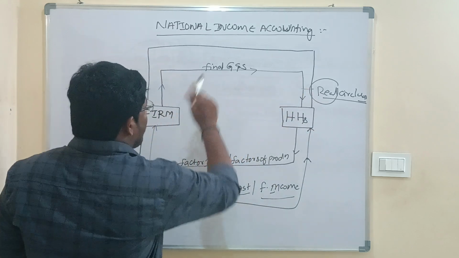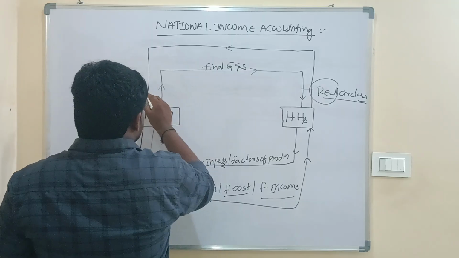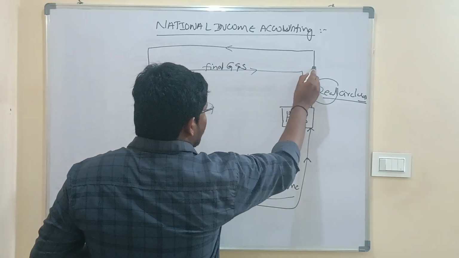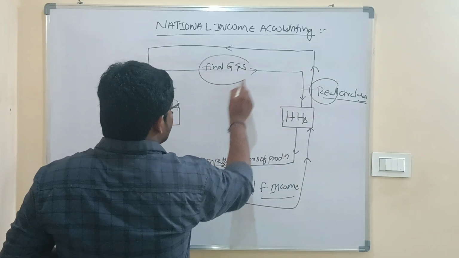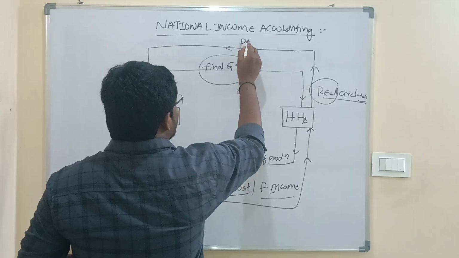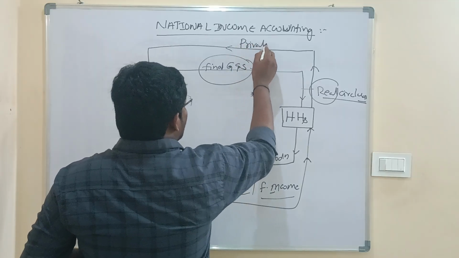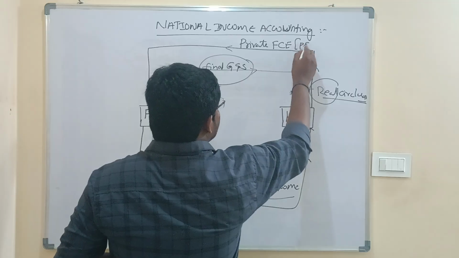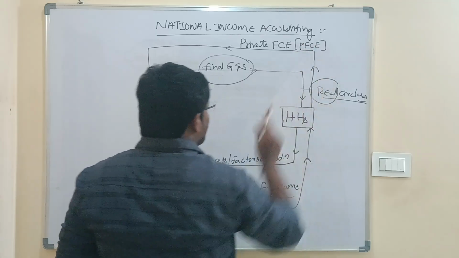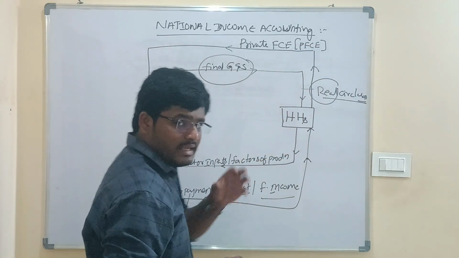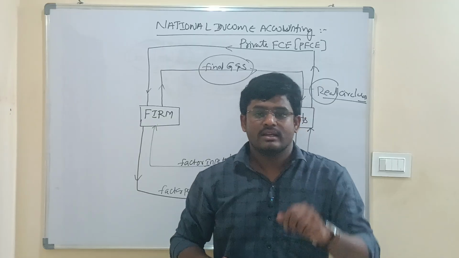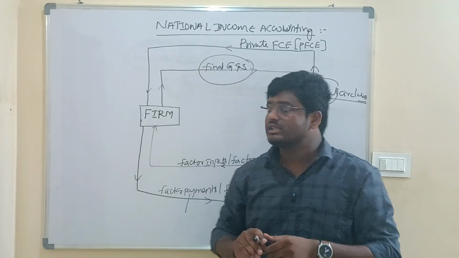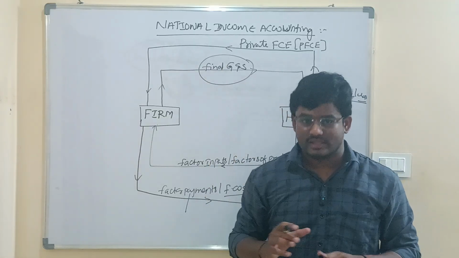This kind of expenditure which the households incur on purchasing these final goods and services is technically known as private final consumption expenditure. We used to call it PFCE. So PFCE is the final expenditure done by households on the final goods and services.